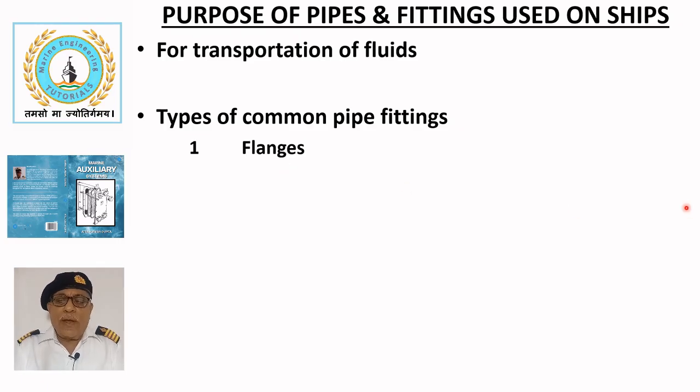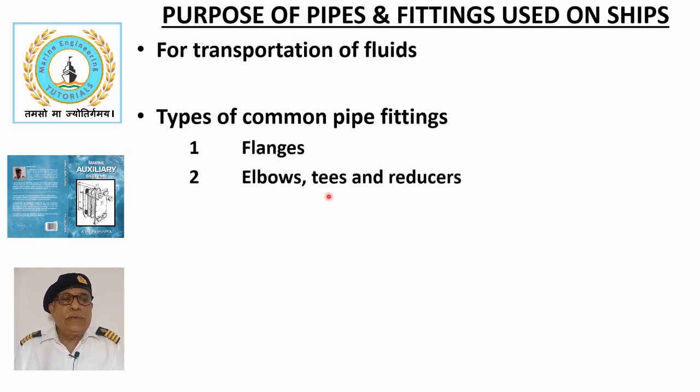Flanges are used to join pipe sections of different types and may be of various types. Elbows, tees and reducers. Fittings such as elbows, tees and reducers are required for changing the direction of flow, connecting different pipe sections and accommodating different types and sizes of pipes.